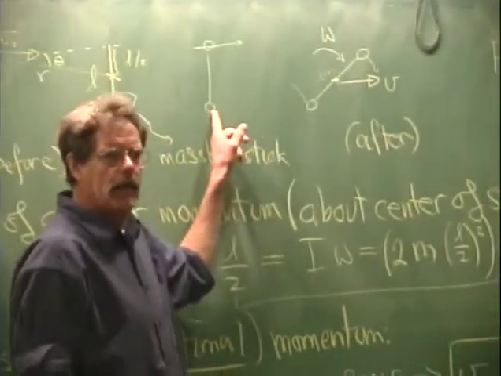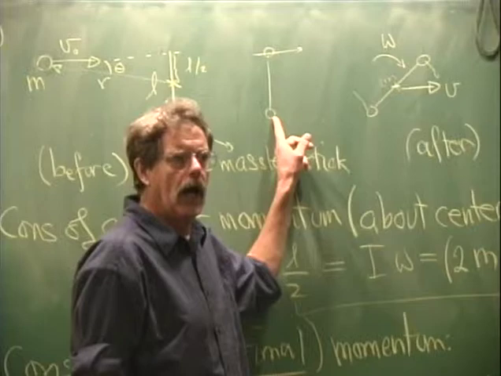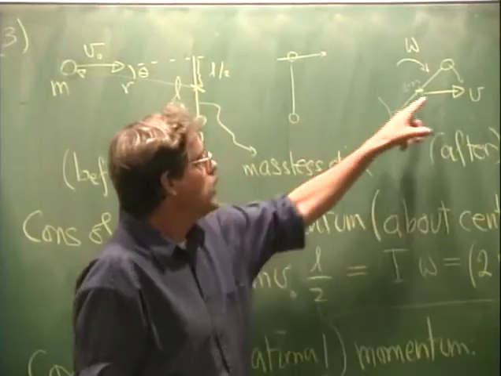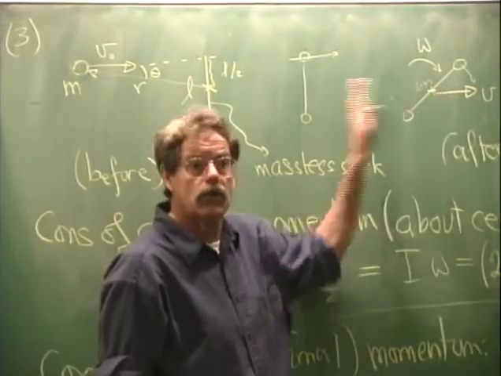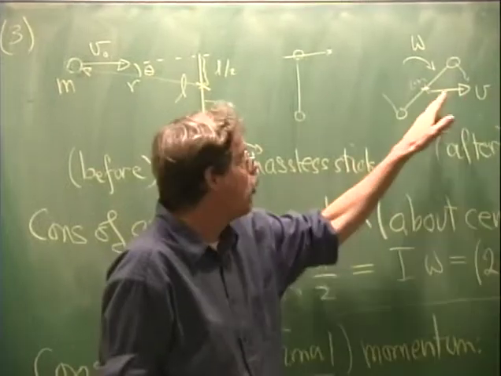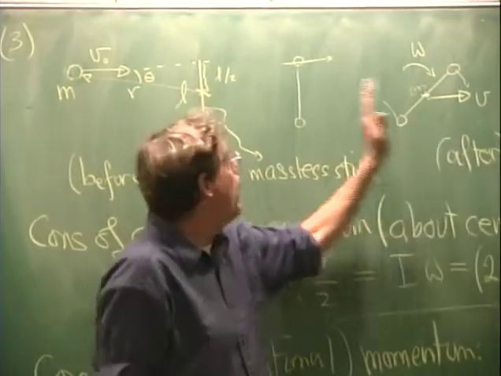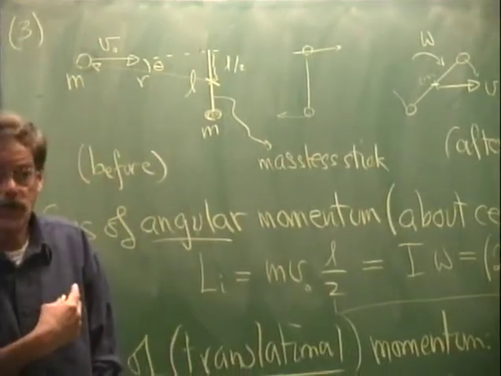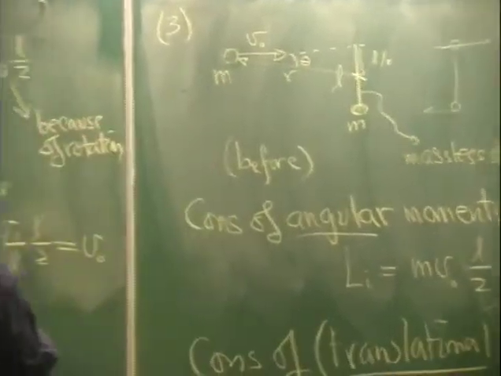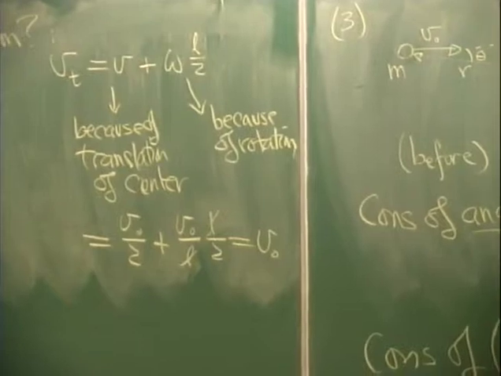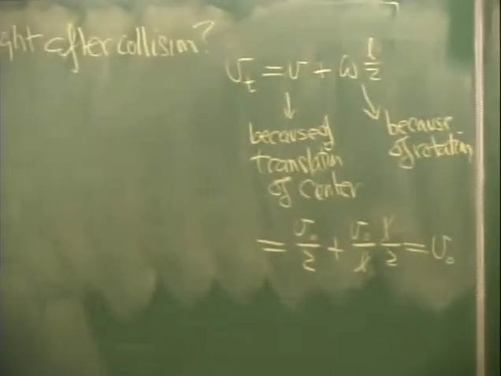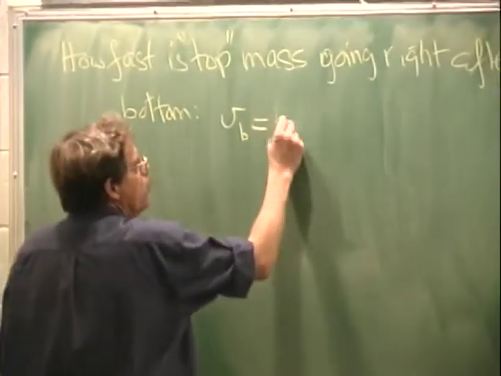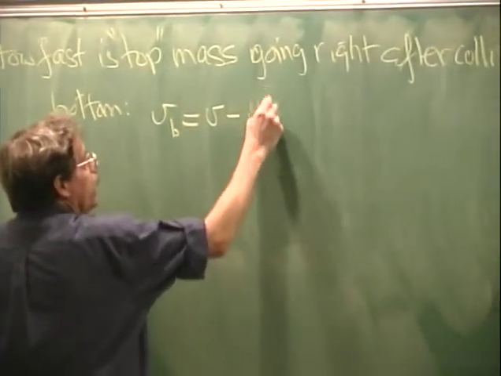By the way, what's the speed of the bottommost point immediately after the collision? How would you calculate that? Well, it's going to the right because of the motion of the whole center of the whole thing with a speed v. But meanwhile, because of the rotation, it's actually at that moment going to the left. How much? Exactly the same amount. The bottom one would be Vb equals V minus omega L over 2.